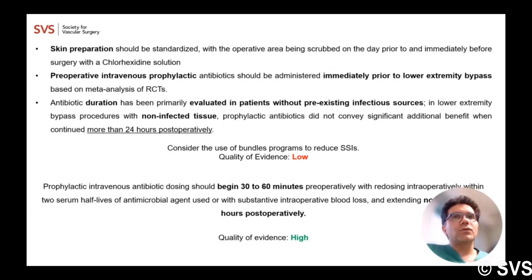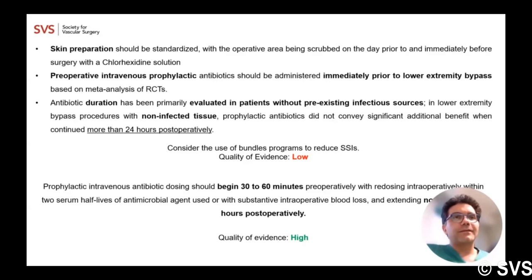We suggest prophylactic intravenous antibiotic treatment immediately prior to lower extremity bypasses, and the antibiotic duration is based on the presence of pre-existing infectious sources, the ulcers, rather than the non-infected tissue. In fact, in these cases, we suggest no more than 24 hours of antibiotic therapy in the postoperative time.